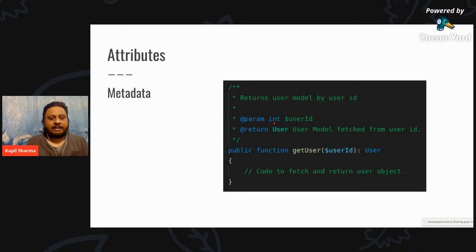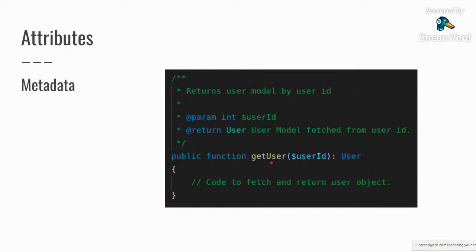So our IDE will read that, and as soon as I call get user with a non-integer parameter, it will show a small red line, a warning: you're calling the function with a string and an integer is expected. So the developer will know it right at the time of development. This could also be useful in generating documentation. So these are things that do not have any value in our PHP code, but that's metadata that a documentation generator or our IDE might read. But it is not something which is implemented within PHP. For the PHP interpreter, it is just a comment which will be completely ignored.